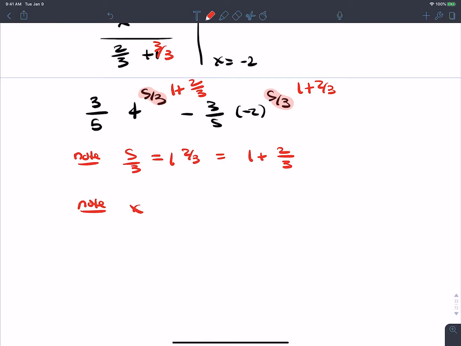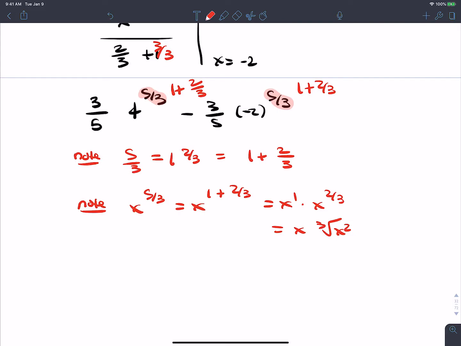Now, you might say, why do I care? Because I can write x to the 5/3 as x to the 1 plus 2/3, which is x to the first power times x to the 2/3, which is x times the cube root of what? X squared. You see, this is a way that we can actually simplify our radicals.